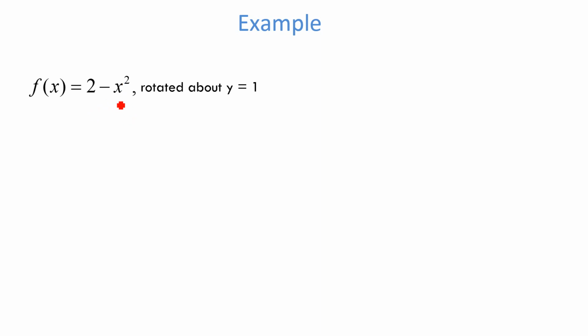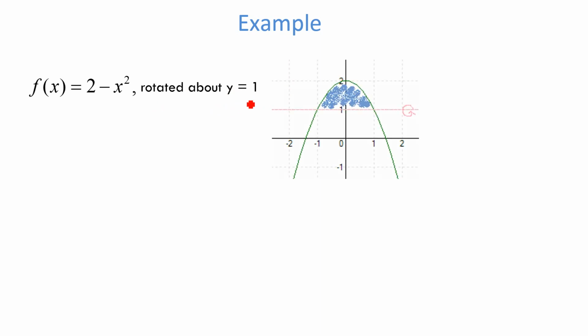f(x) is equal to 2 minus x square, and we are going to rotate it about y is equal to 1. And the question here is how to solve this using any of the methods we learned in this video. Okay, let's think what method we can use to find this volume generated by rotating this planar region around this line y is equal to 1.